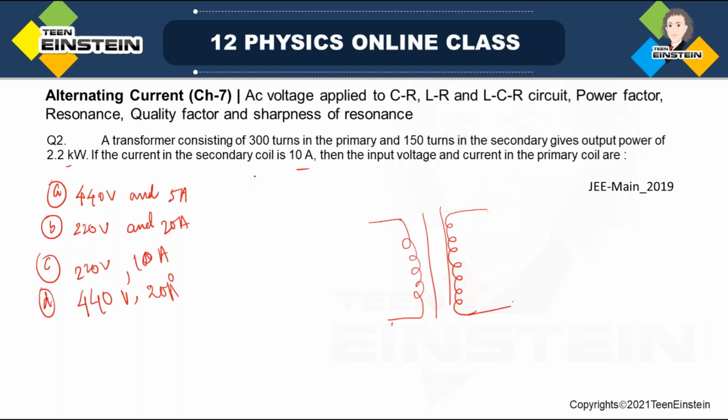So let us see, power P2 is given as 2.2 kilowatt. Then number of turns in the secondary is given as 150. N1 is turns in the primary coil.